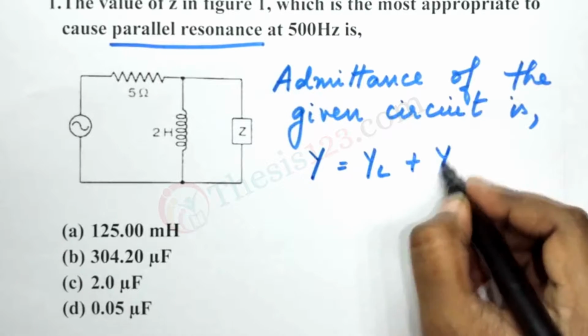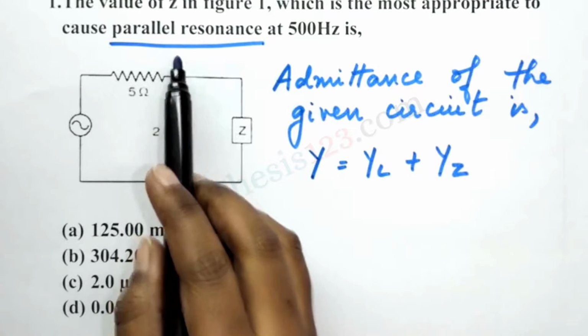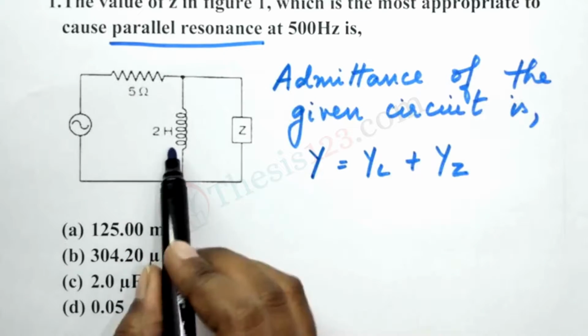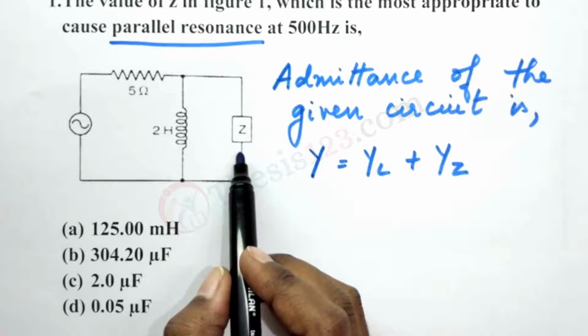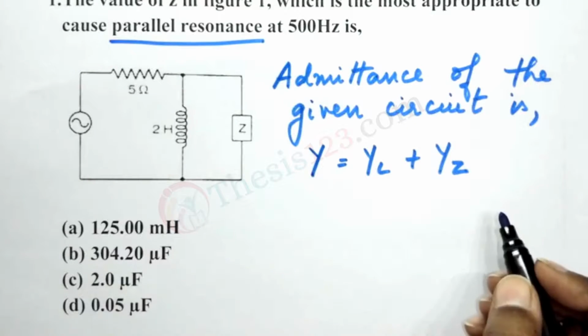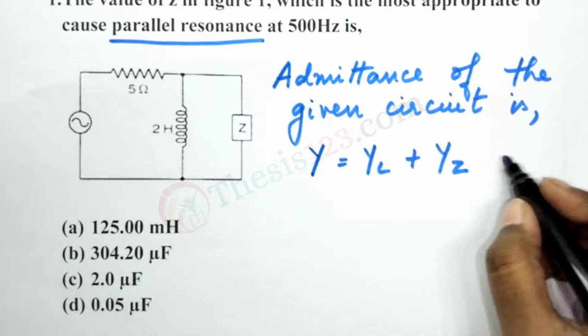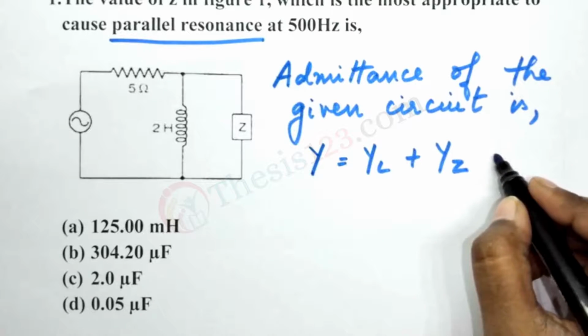Note that we are going to find the parallel resonance, so we will have to consider these two elements alone, the inductor and Z. So Y is equal to YL plus YZ. At resonance, the admittance is supposed to be minimum, so YL plus YZ should be equal to 0.